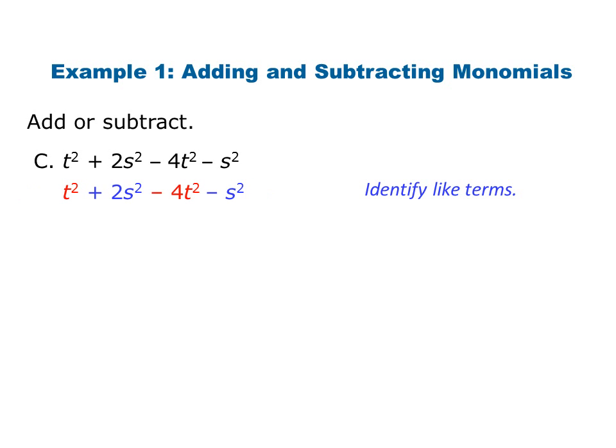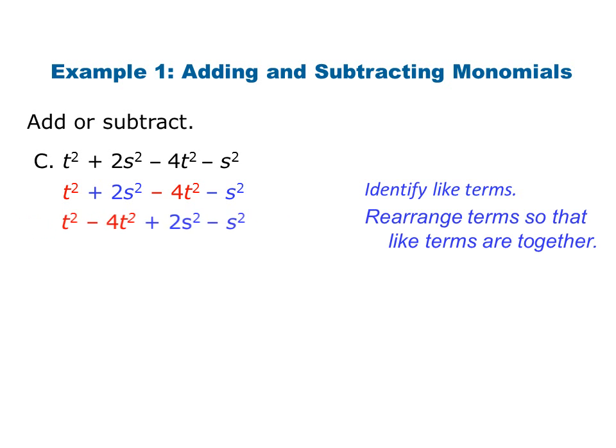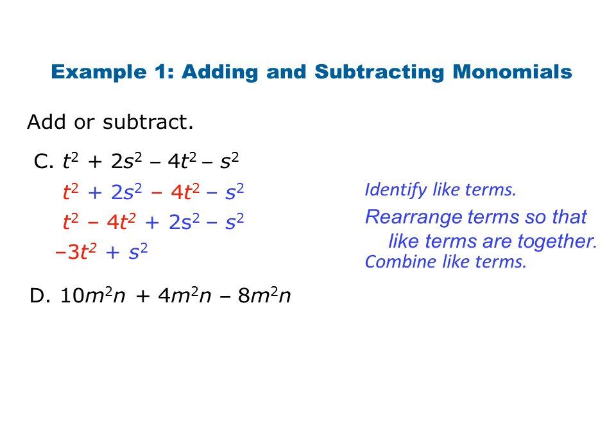In this case, the only like terms we have first are t squared and 4t squared. Okay? And then the 2s squared and the negative s squared, they get subtracted. Your final answer is going to be negative 3t squared plus s squared. Got it? Alright, moving on.